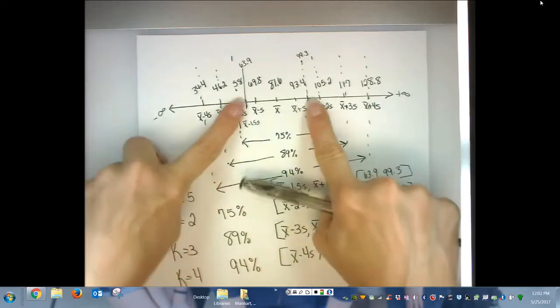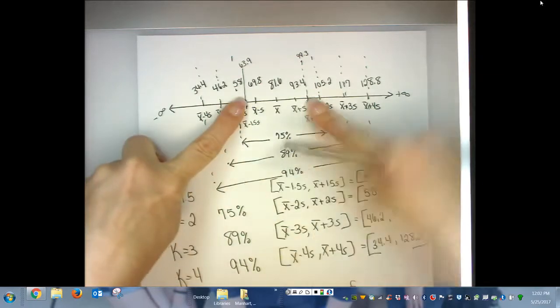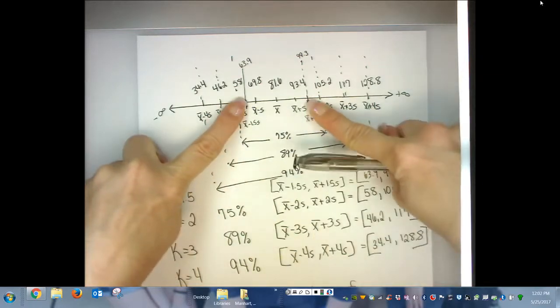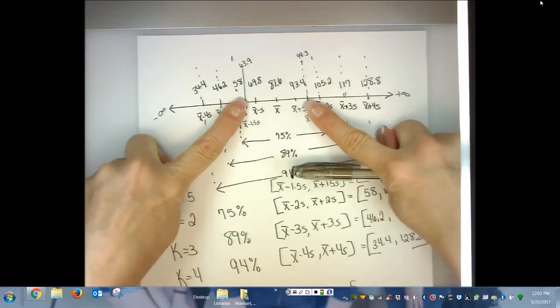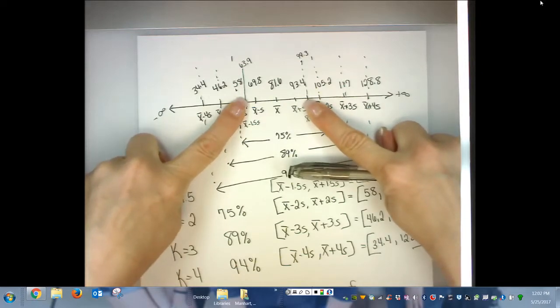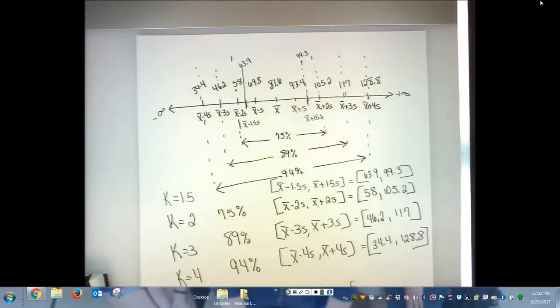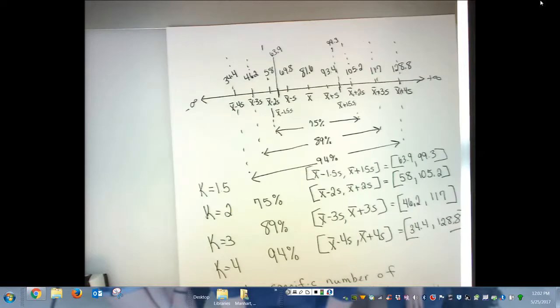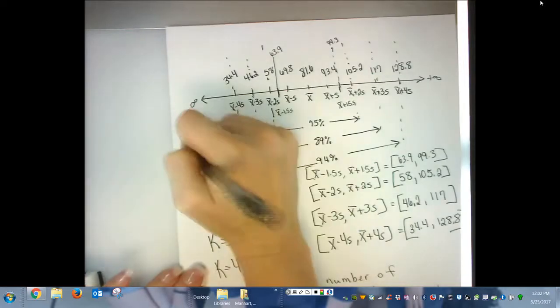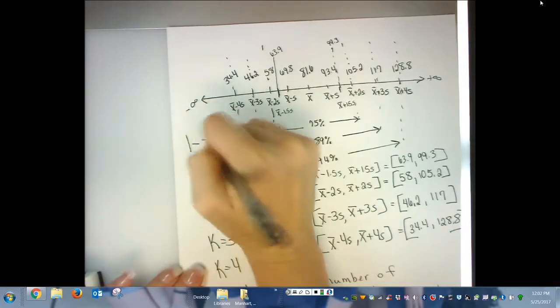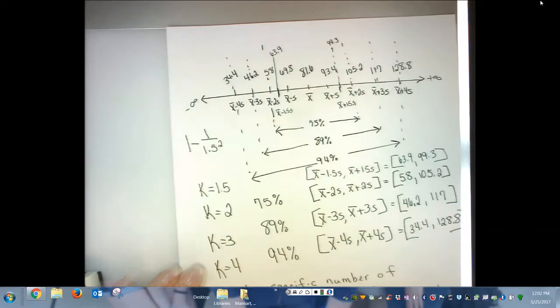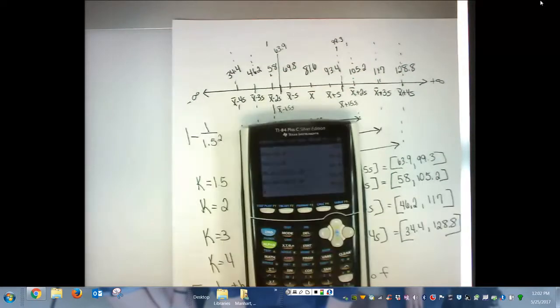So for these values, 63.9 and 99.3, at least what percentage of values are guaranteed to fall between 63.9 and 99.3? To find the percentage, all you have to do is plug 1.5 into Chebyshev's formula. And I'll show you that on the calculator.